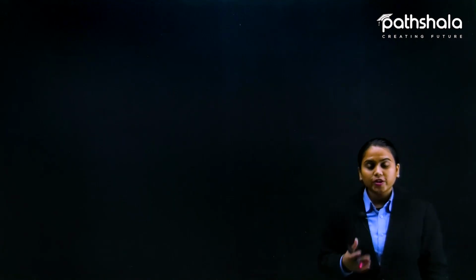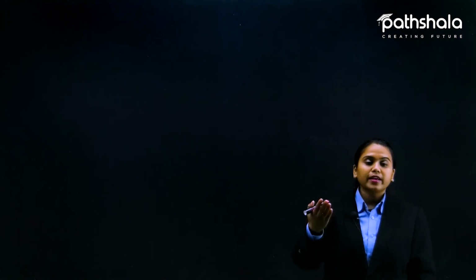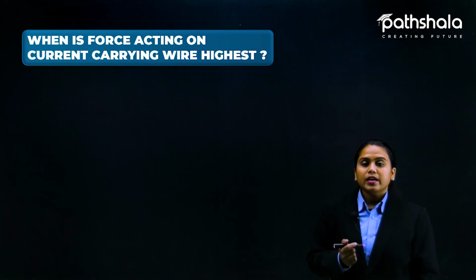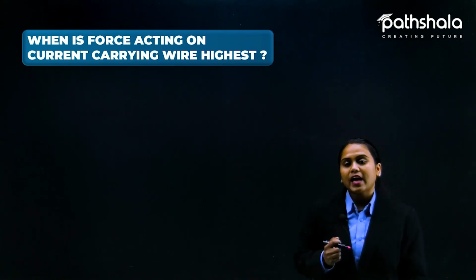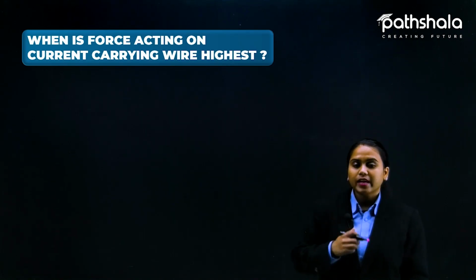So students, as we have seen, the direction of the current and the force developed by the current's magnetic field and the external magnetic field are depending on each other and resulting in the force. So here is the question: when is the force acting on the current carrying wire highest?